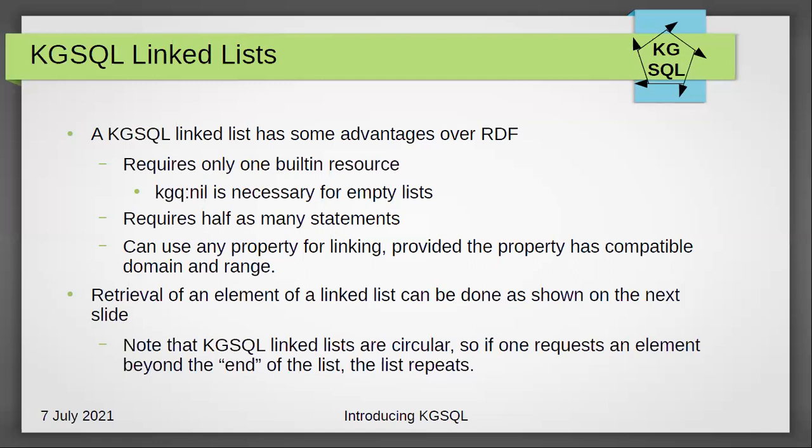Many RDF tools don't allow you to do this at all. But even if you try to do it, it's kind of complicated to do that kind of specification. But there's no problem here in KGSQL. So you can have linked lists of a particular type.